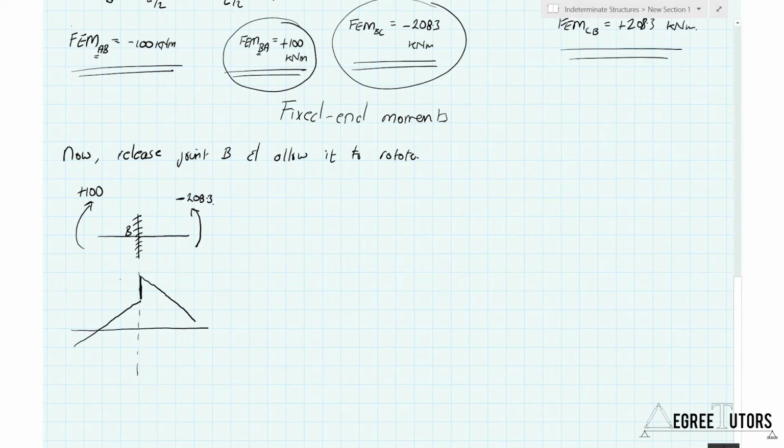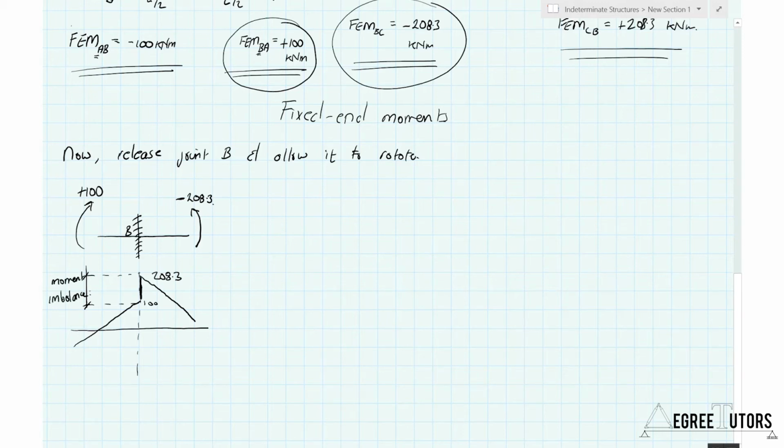So this essentially is our moment imbalance. So that's 208.3, and this value down here is 100. So this is another way of visually displaying the moment imbalance.